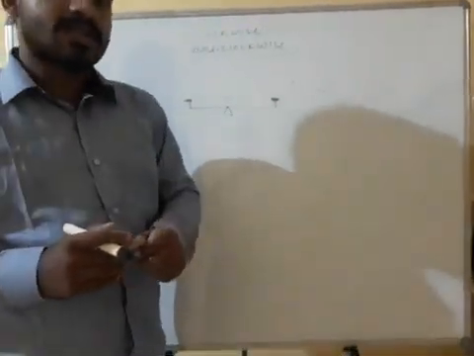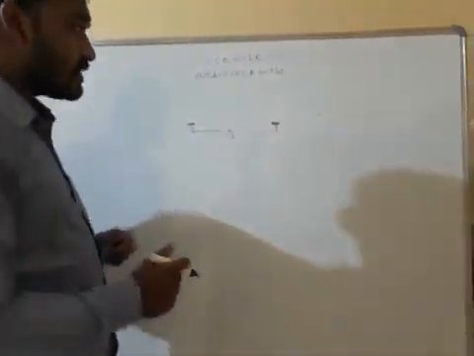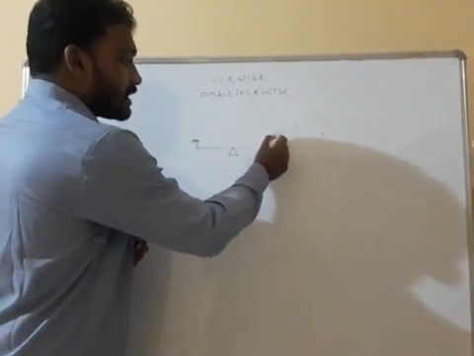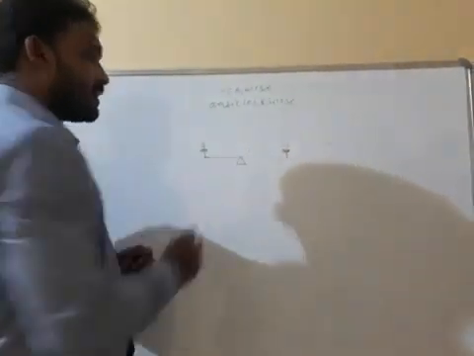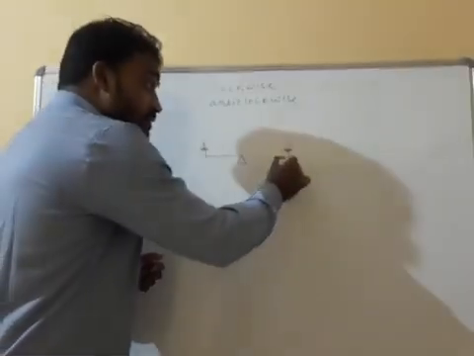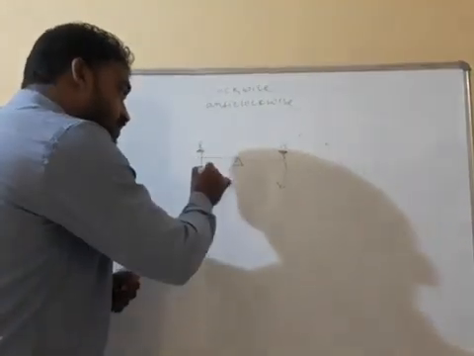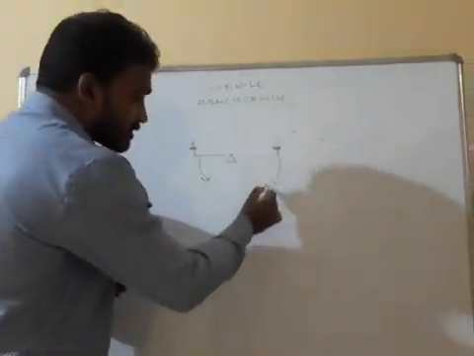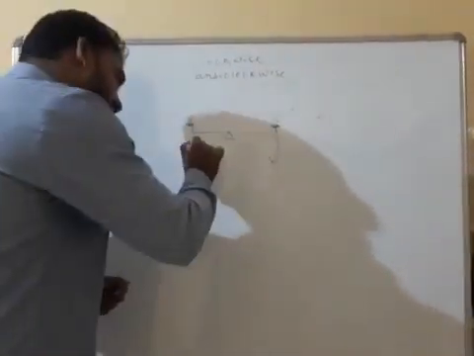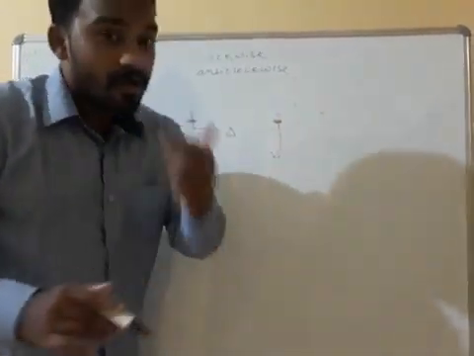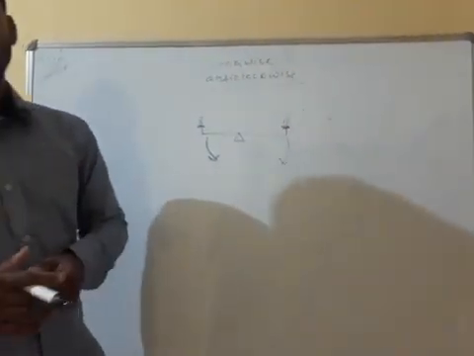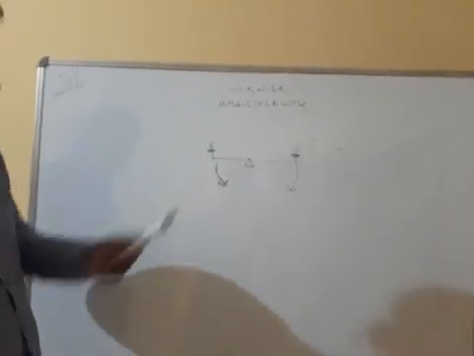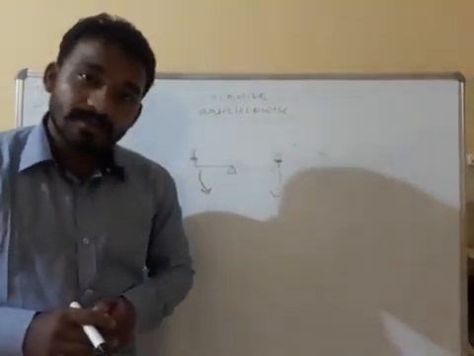Here the pivoted point is there. One person is sitting here, another person is sitting here. This person wants to move this side, and this person wants to move that side. This is called clockwise direction and this is called anti-clockwise direction. Understood?